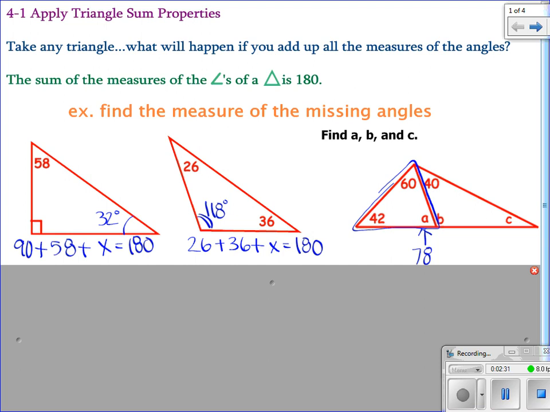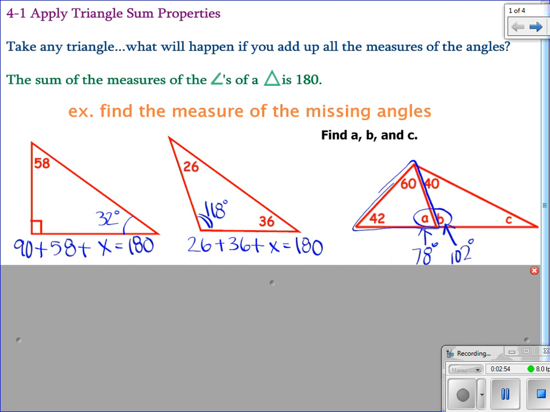Okay, what do we know about A and B? The linear pair, they're not congruent. They equal 180, they're supplementary. So B would be 102. So now on this one, on the right, we have two of the three angles.